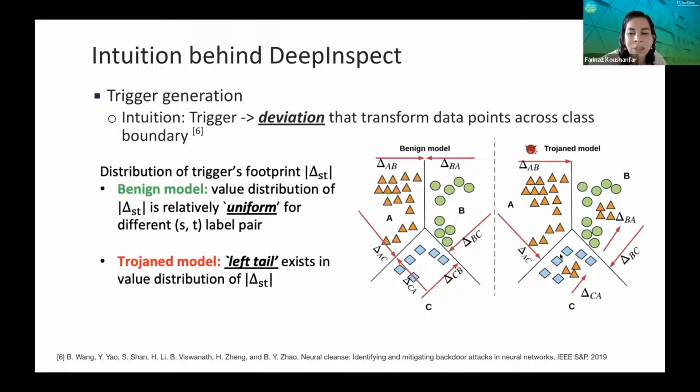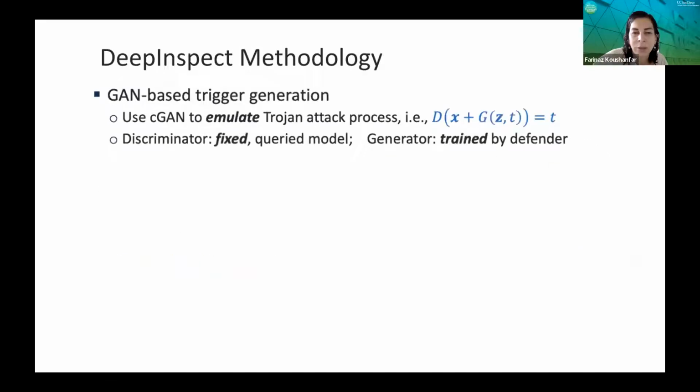But here, as you can see, the distance to the boundary has a tail to it, and that is what is used in the hypothesis testing to determine if things are outside the ordinary boundary process.